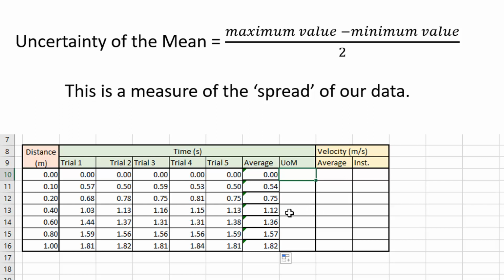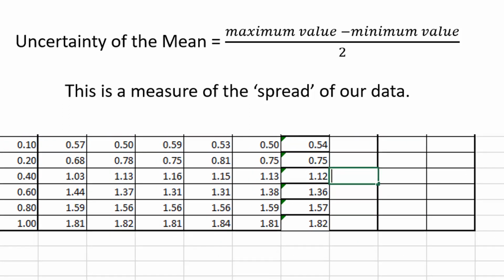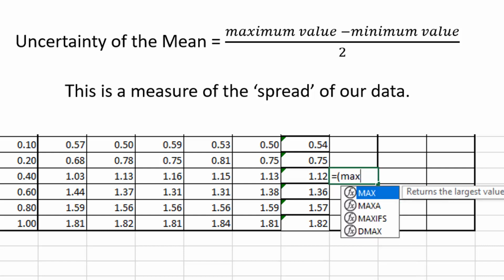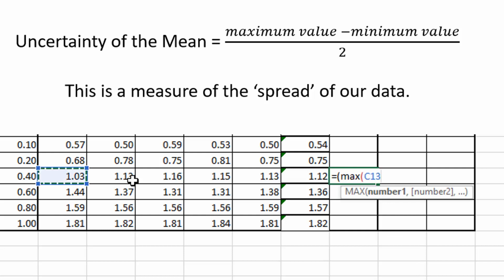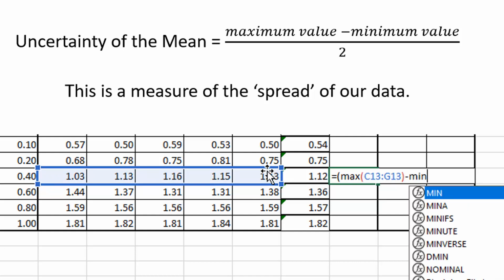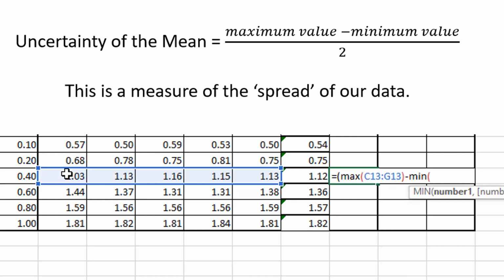So let's come down here and do one in the middle. I'll do this one here first. So the uncertainty of the mean is going to be equals, open brackets, the maximum, open brackets again, of all of those cells there, close brackets, minus the minimum of all of those same cells, close brackets, and then close brackets again, divide by 2.